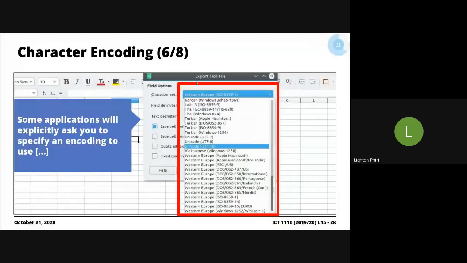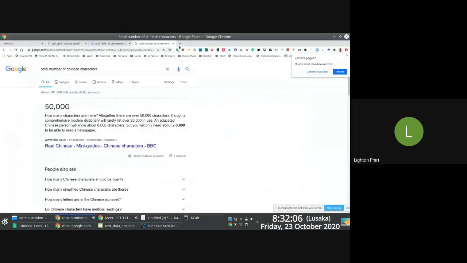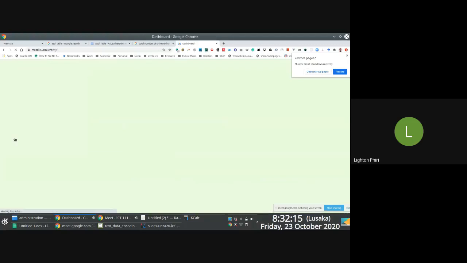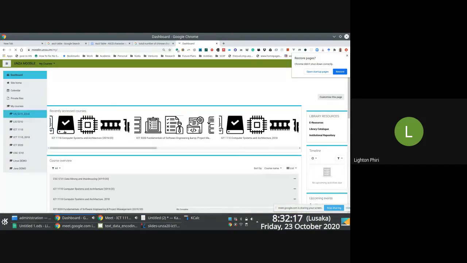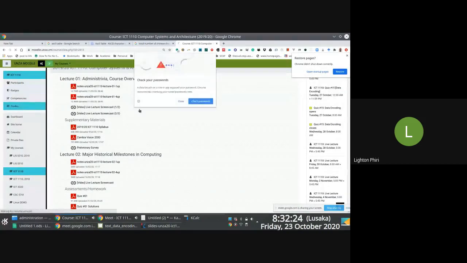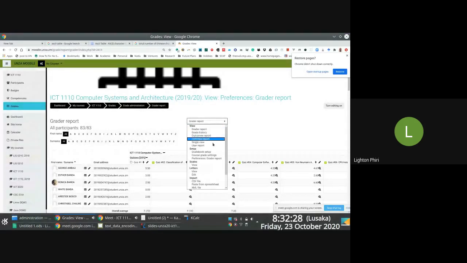Hopefully you've got to this stage. And this comes up in so many different areas. I'm just going to showcase something else to you. This you must see, right? Usually in other applications like Moodle, for instance, when we are importing grades, if I can just showcase this, I don't know if this is going to work.